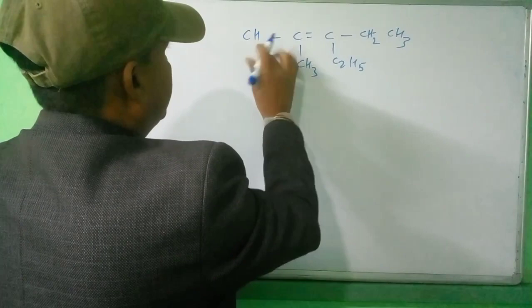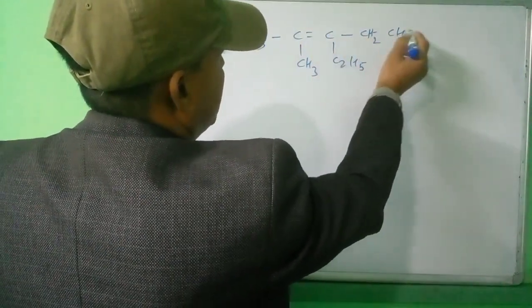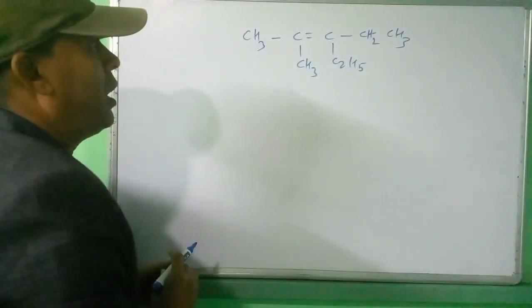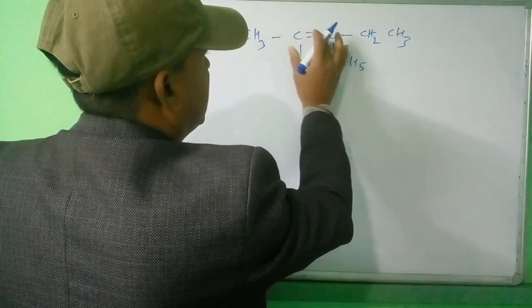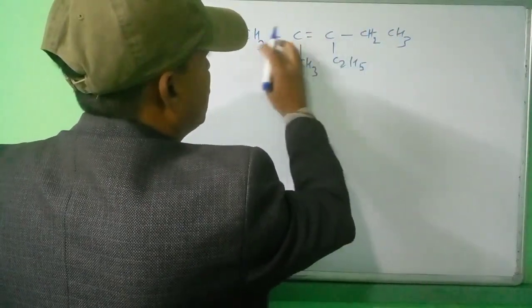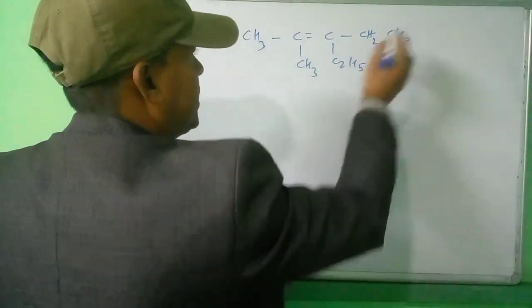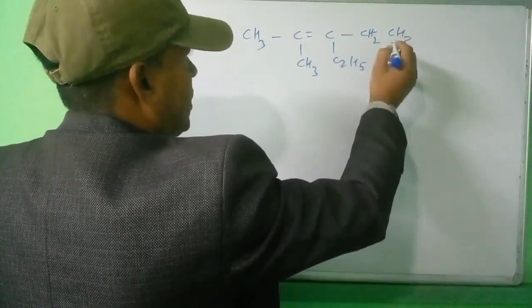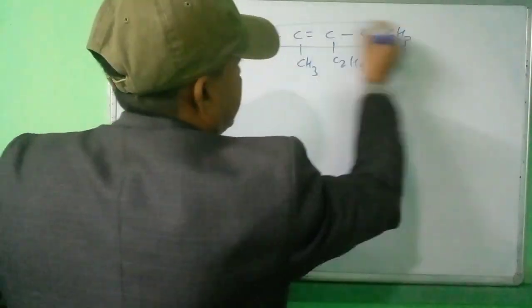Here CH3, C double bonded C, CH2 and CH3. Now you can count the number of carbon: 1, 2, 3, 4, 5. Here also an ethyl group. So 1, 2, 3, 4, 5 here. Both ways, bent shape and straight, have the same number of carbon including double bonded. So always try to select the straight.